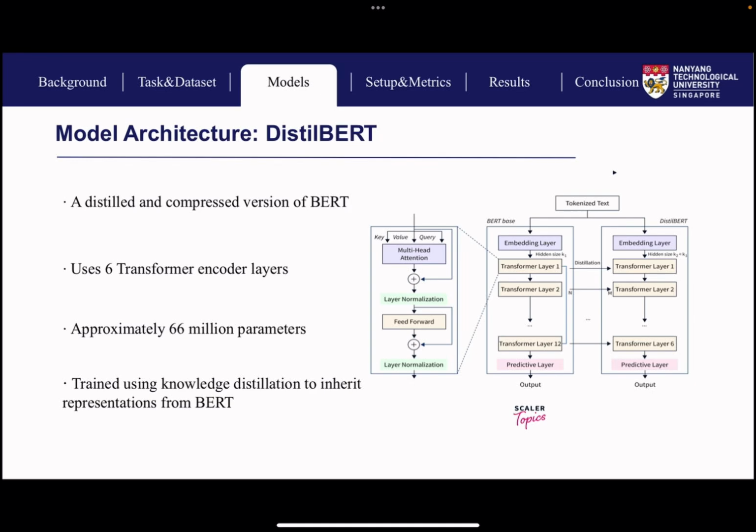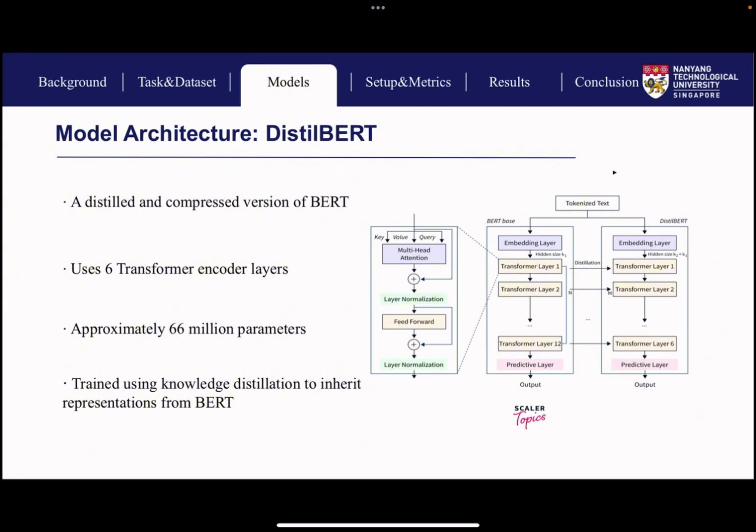This brings us to our solution, DistilBERT. DistilBERT is not just a smaller model, it's a distilled version of BERT. The process relies on a technique called knowledge distillation. In the setup, we have a teacher, the original BERT, and a student, which is the DistilBERT.